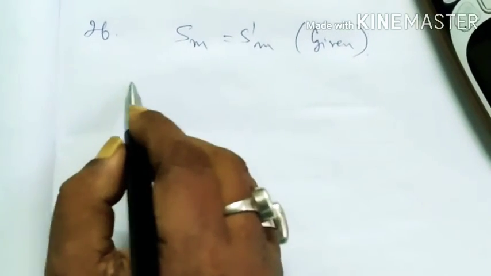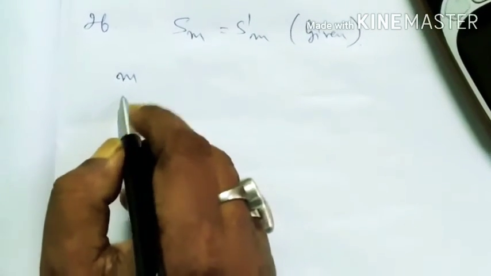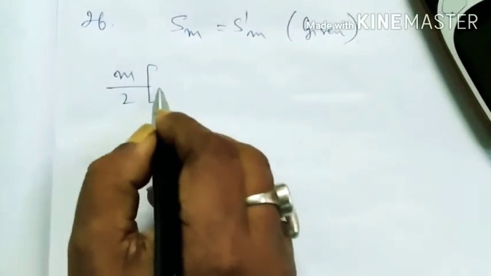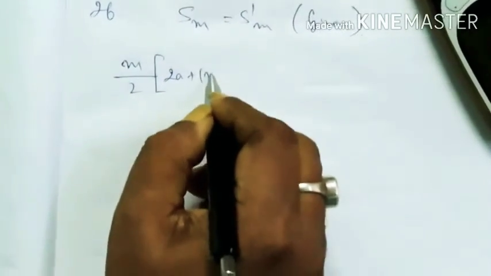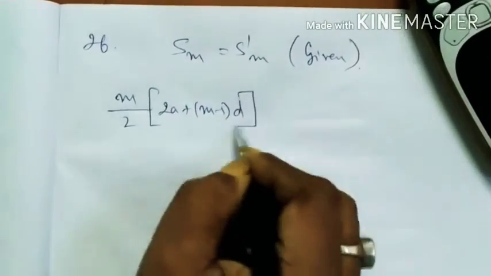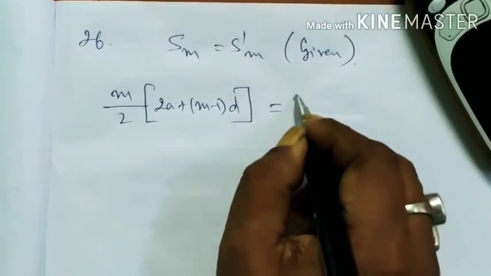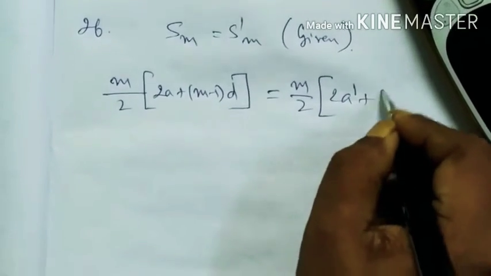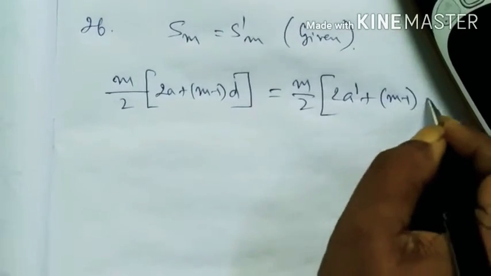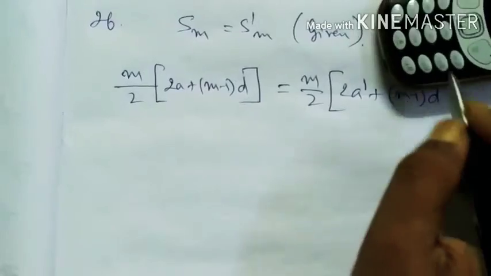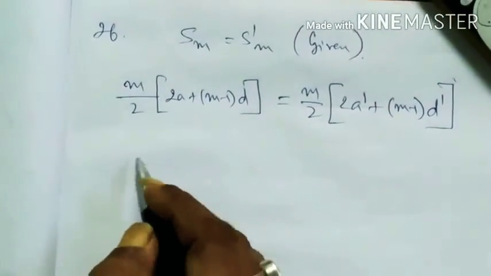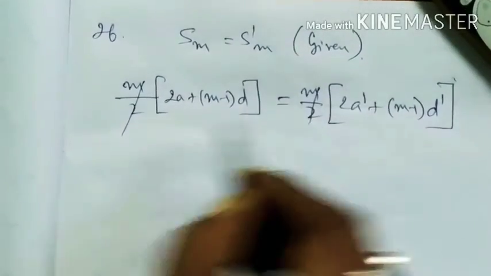So Sm is m by 2 times 2a plus m minus 1 d, and this is equal to m by 2 times 2a dash plus m minus 1 d dash. Now m by 2 and m by 2 cancel out.